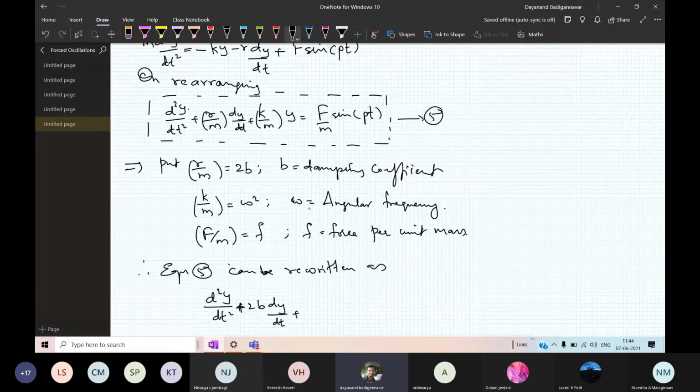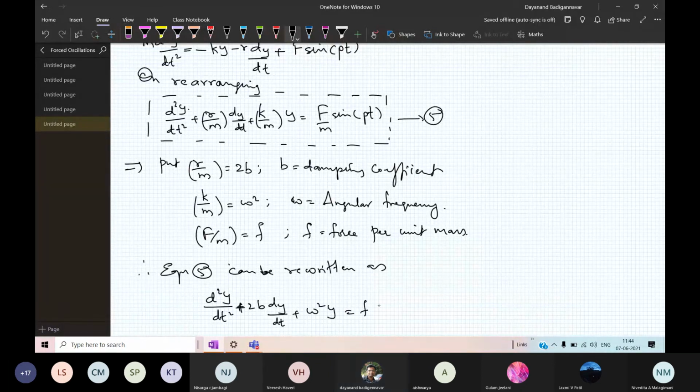What is k by m? It is omega square y as it is, and capital F by m. What is capital F by m? It is small f into sine of pt. So this is equation 6.